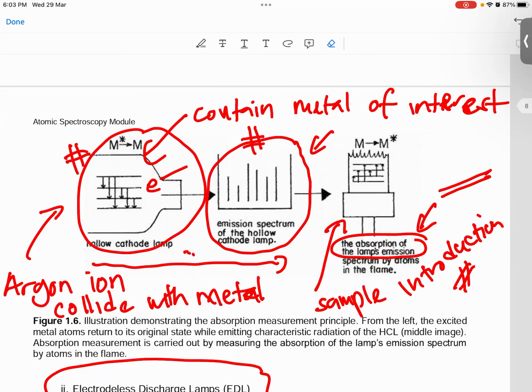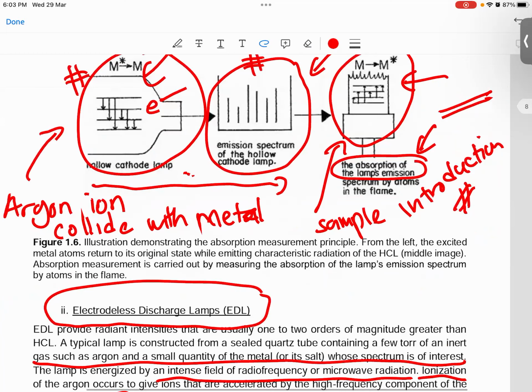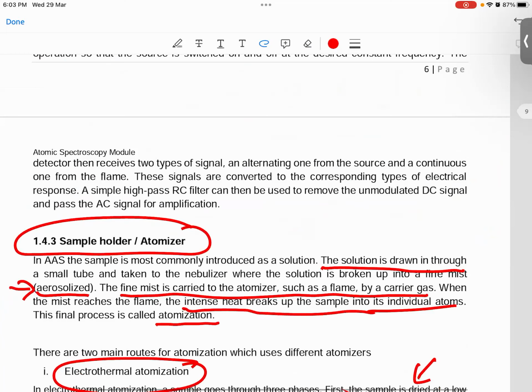So this is what we have discussed. This is where the metal will receive the emission from the hollow cathode lamp. This is where the sample will receive it and be excited, and you get the absorption spectrum.